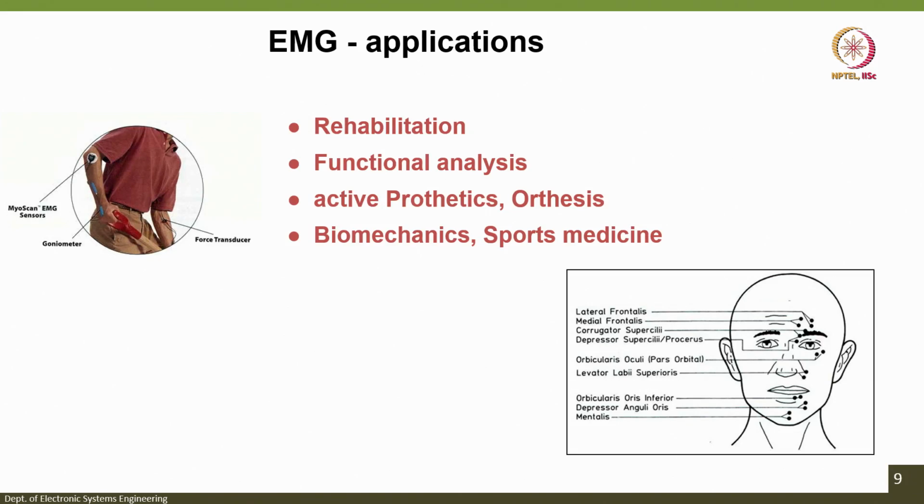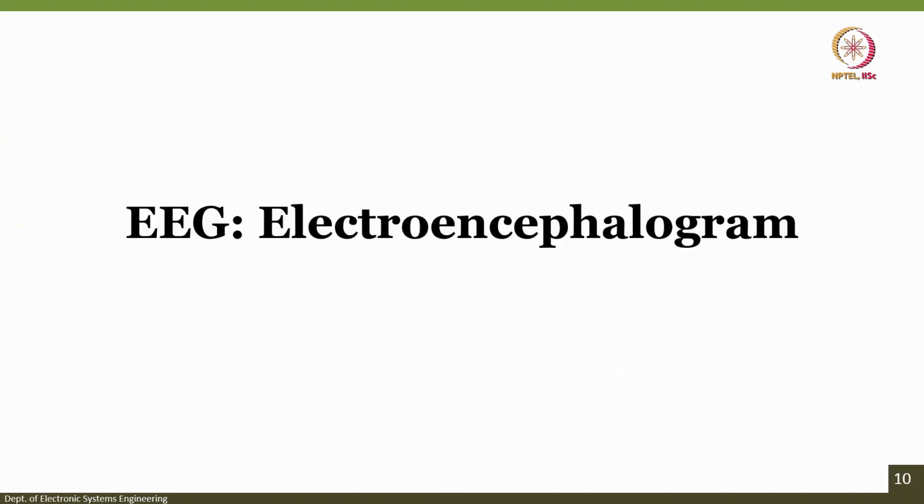On the right hand side, at the bottom, you can see a face, and from there you can see that so many regions of a human's face can be used to measure the signals, which we call the EMG signals.